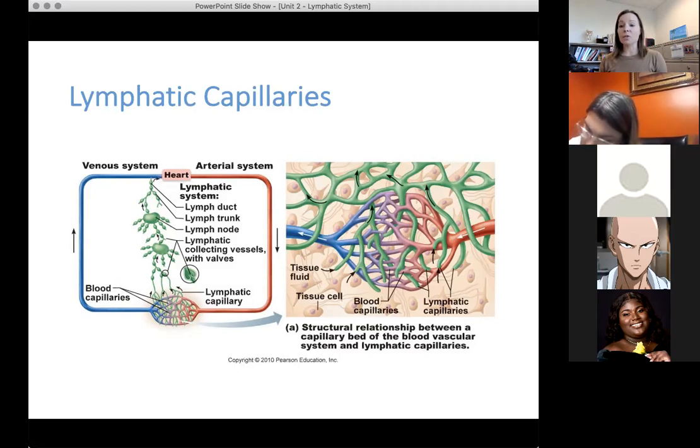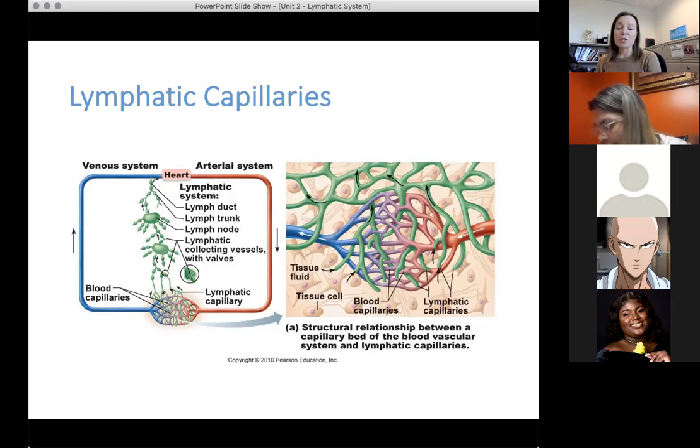And one of those nutrients is lipids. What you have already written down in your outline is that the lymph coming out of the small intestine actually looks white rather than clear. Lymph typically is just a clear fluid, but it looks white here because it contains lipids that have just been absorbed from the digestive tract.